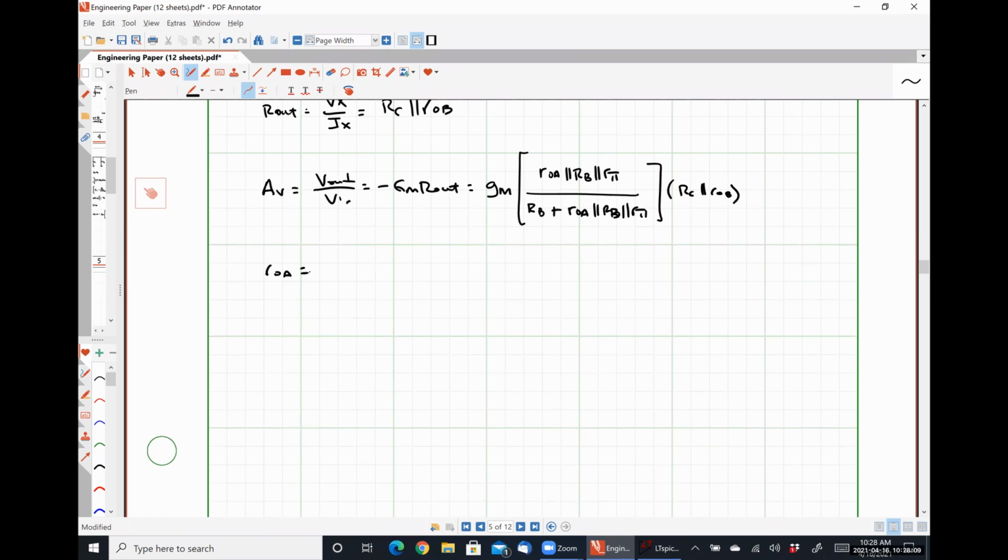R naught A is going to be R naught over 1 minus gm RC, and R naught B is going to be R naught over 1 minus 1 over gm RC, multiplying through by gm RC on the numerator and the denominator gives me gm R naught RC all over gm RC.